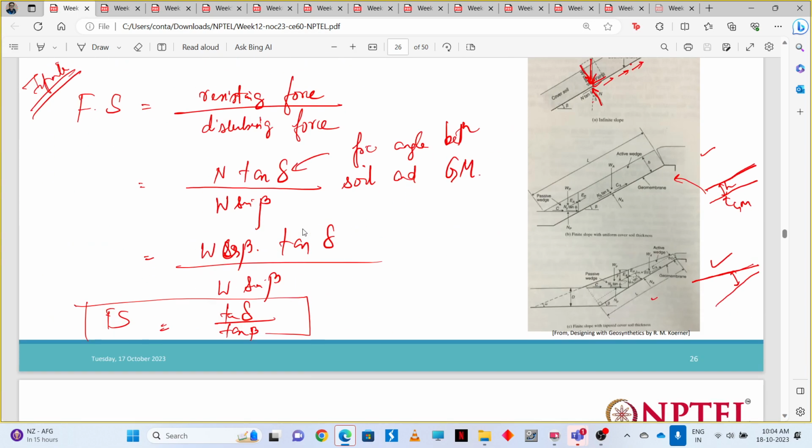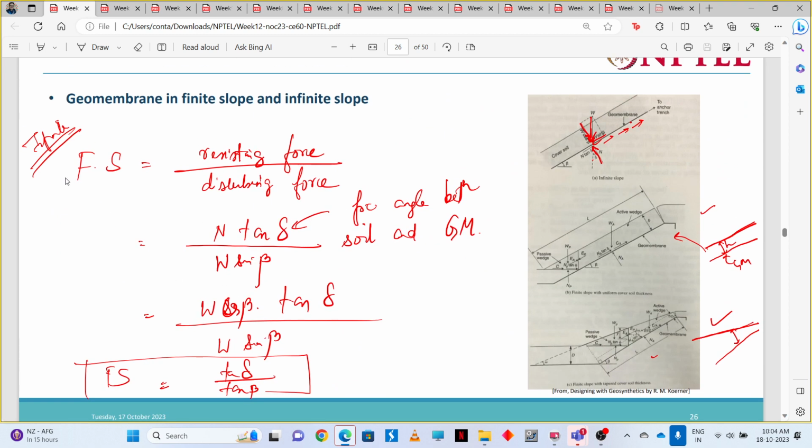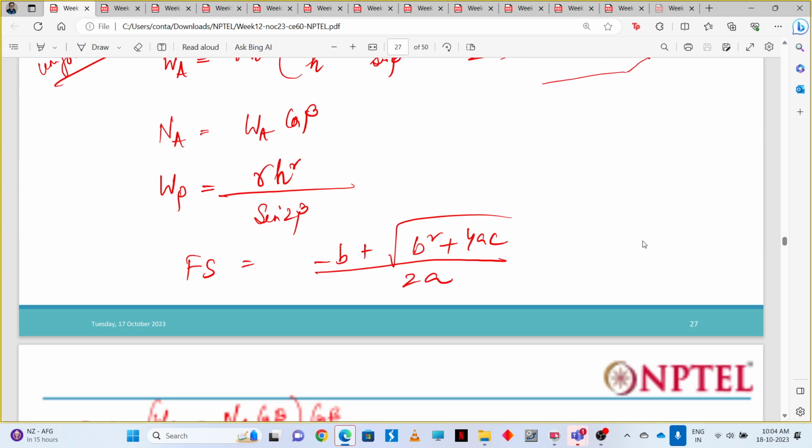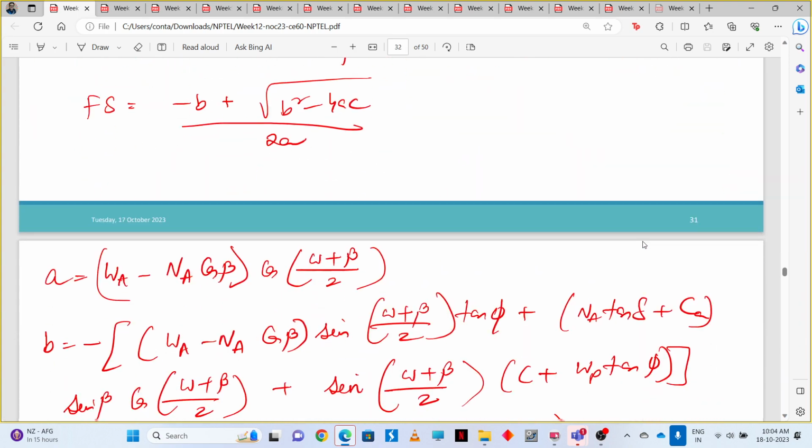We won't go again. Then we saw the steps to determine the factor of safety of a slope where a geomembrane is provided. That we saw for infinite slopes, finite slopes with uniform cover, and then with tapered cover. I gave you all the formulas and how to calculate.